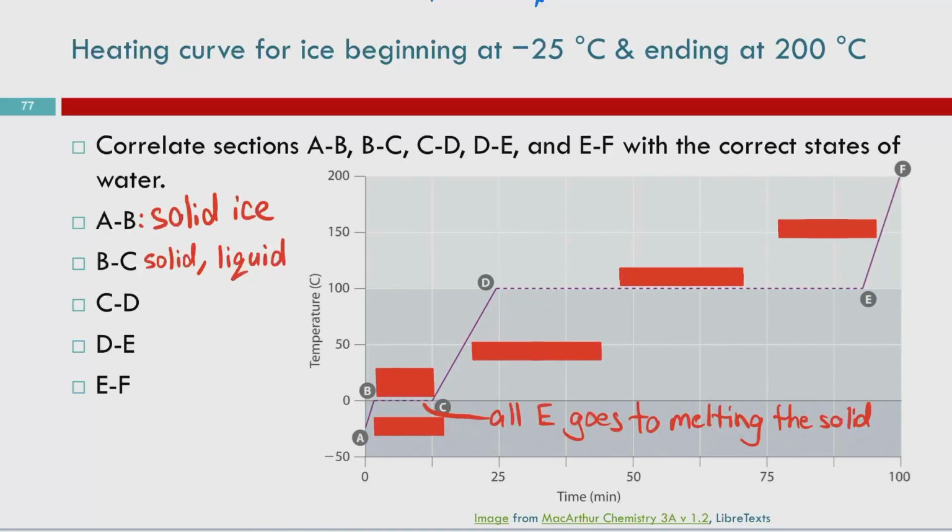So then we get to C, and the temperature starts going up. What does that mean that we have between C and D if the temperature is increasing? What temperatures do we have here? We're going from what temperature to what temperature? 100. What state of matter for water exists there?